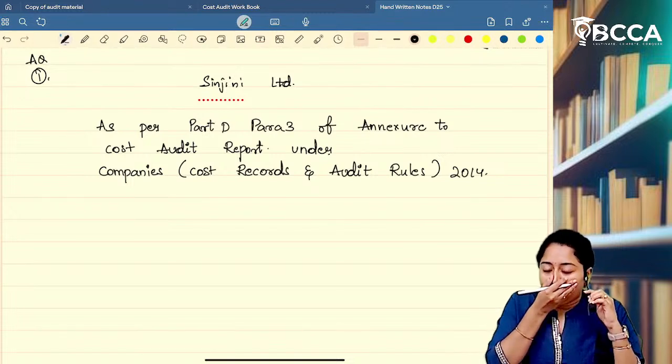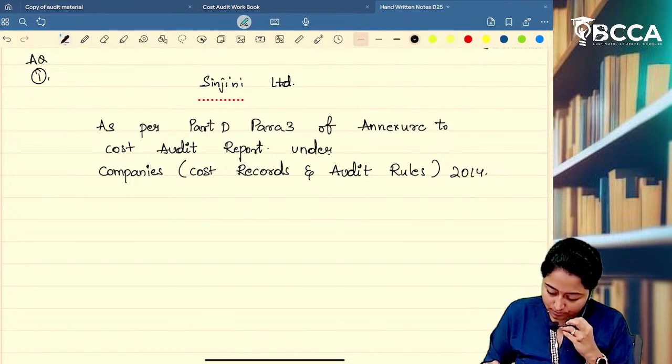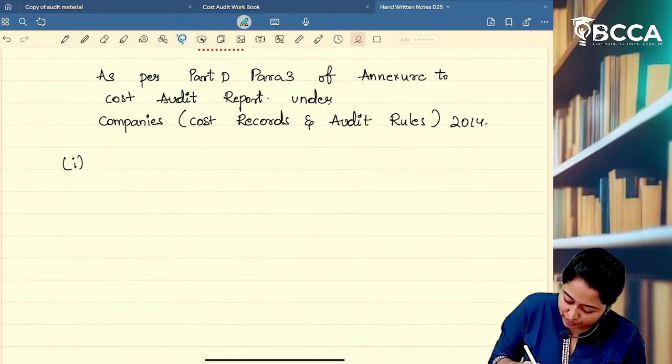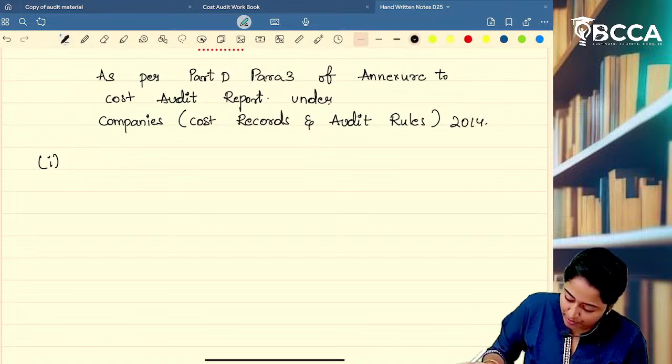Okay. First, what will be the first? Statement showing computation of value addition.